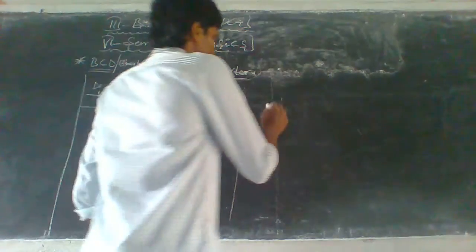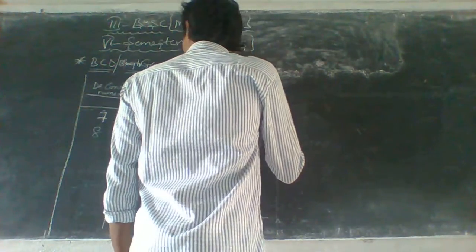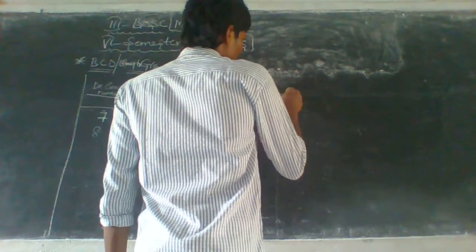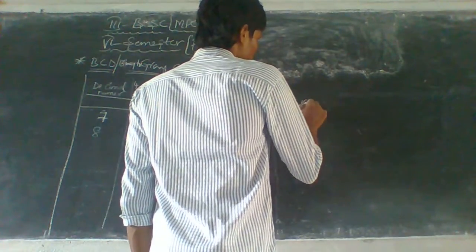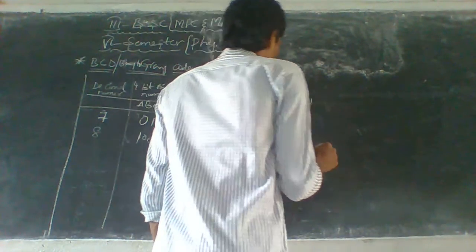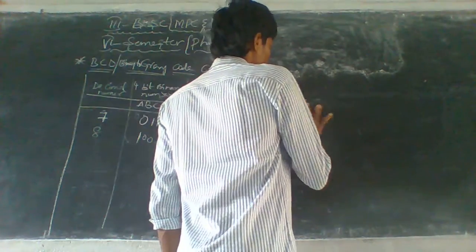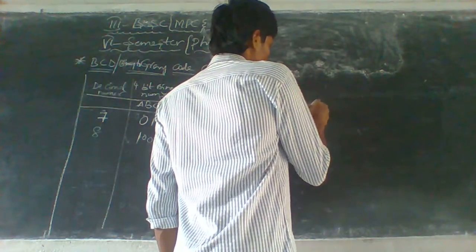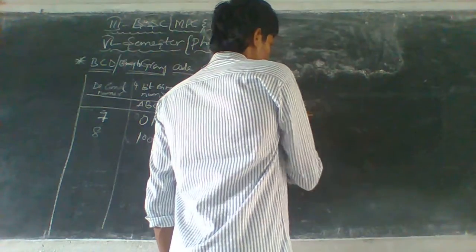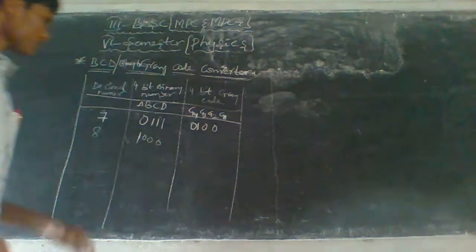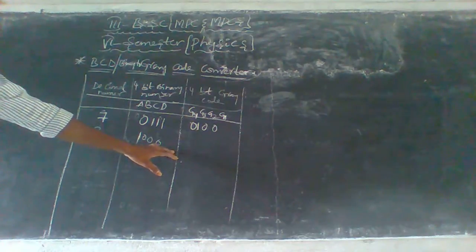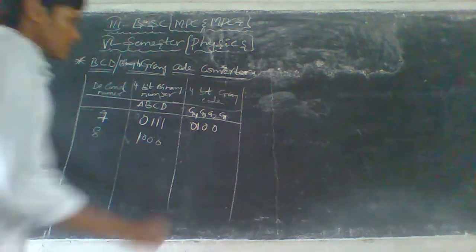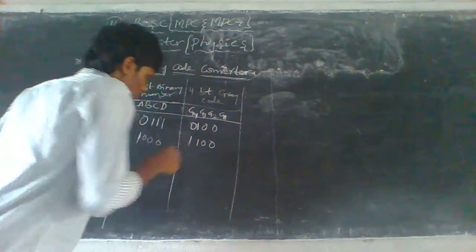The 4-bit gray code for decimal number 8 is 0011.